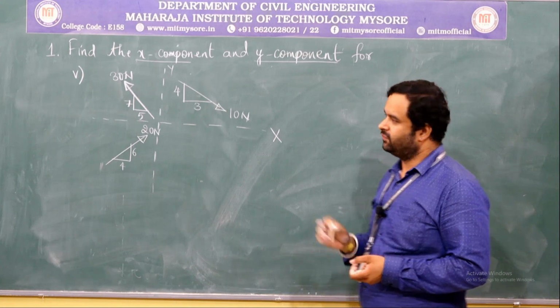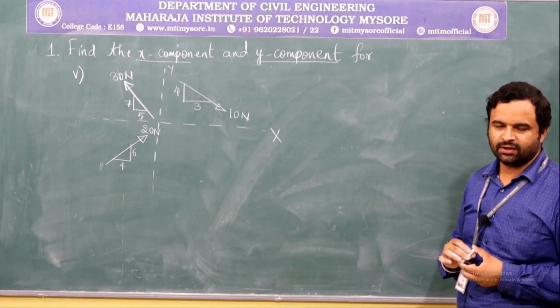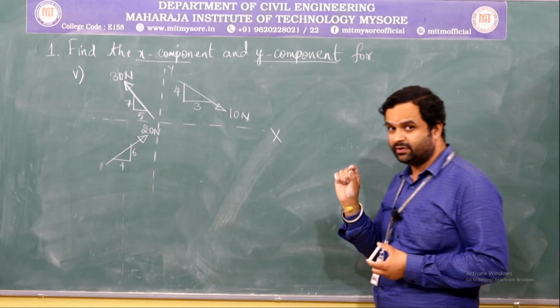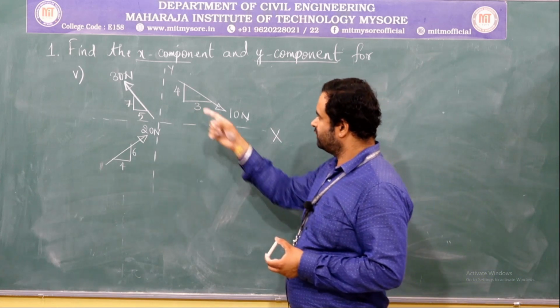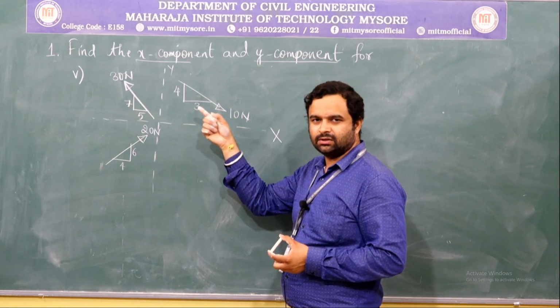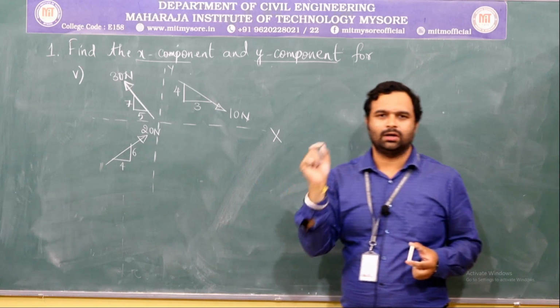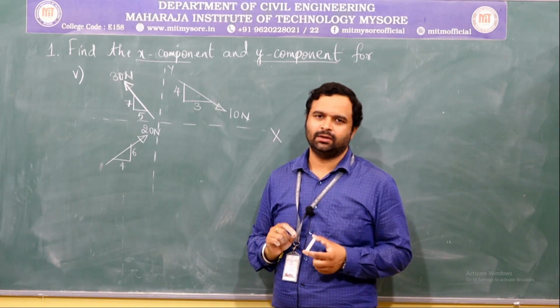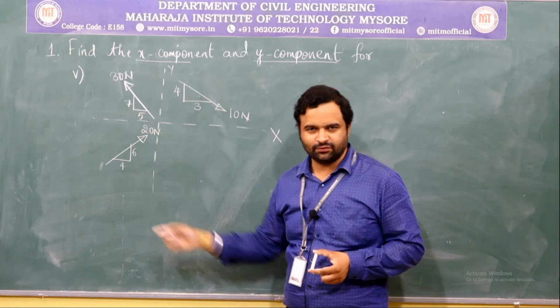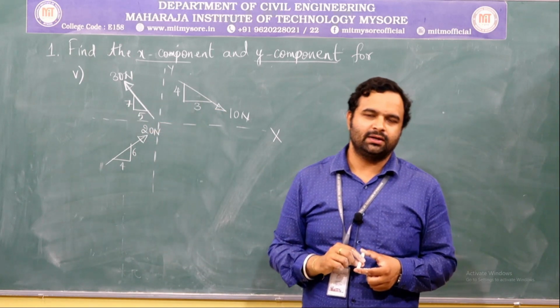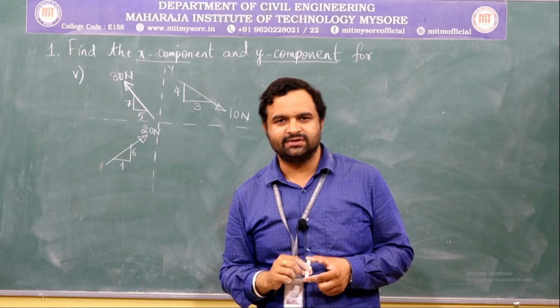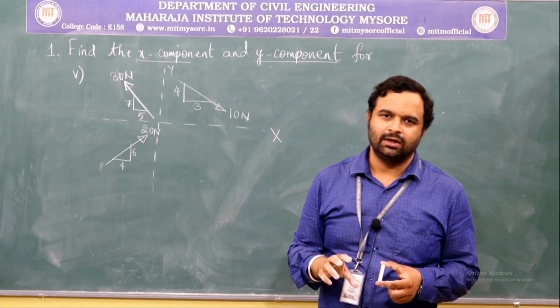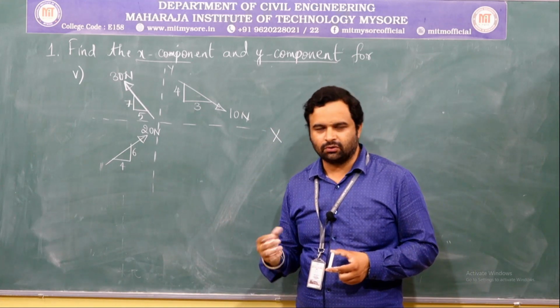And if you observe this figure, please observe it carefully. The forces which are drawn are not according to the quadrants. I mean to say, when you try to resolve these forces, you might end up with the resolution of forces in different quadrants.